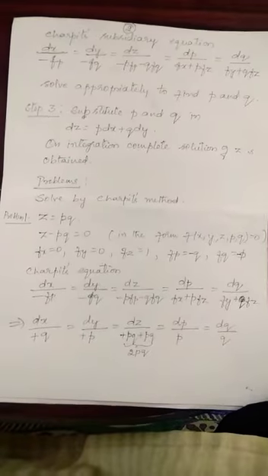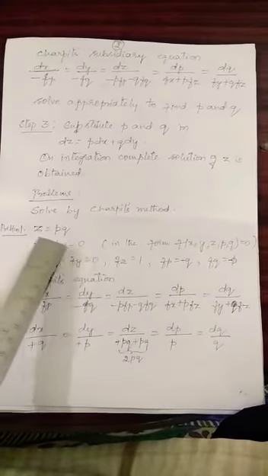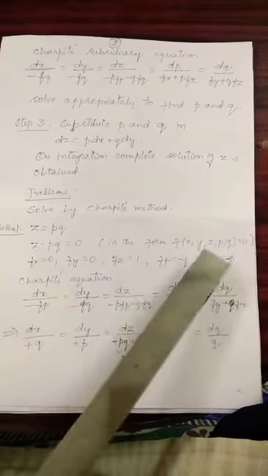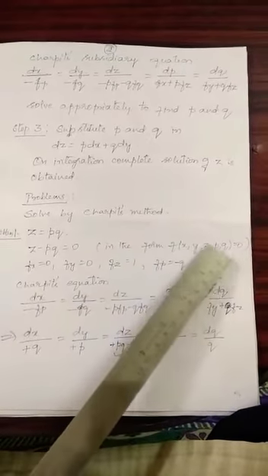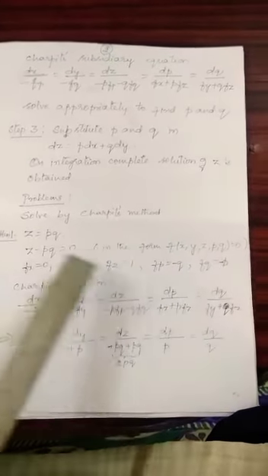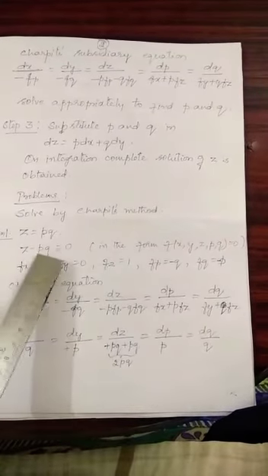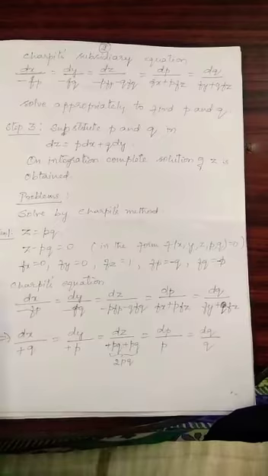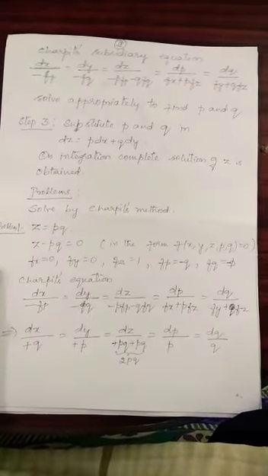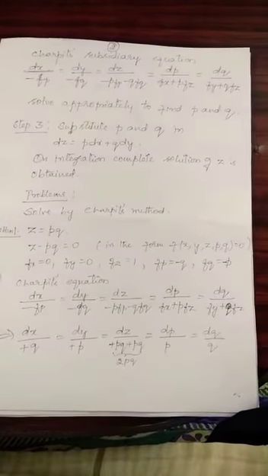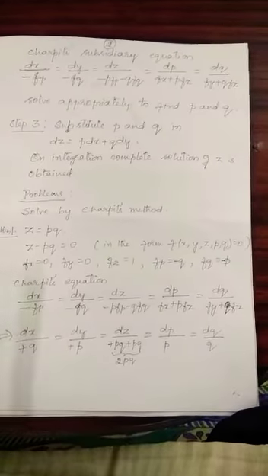So we shall take one problem. Solve by Charpit's method. First problem, z equal to pq. Write it in the standard form, that is f of x, y, z, p, q is equal to 0. So in that form it is z minus pq equal to 0. Now find the partial derivatives with respect to x, y, z, p and q.